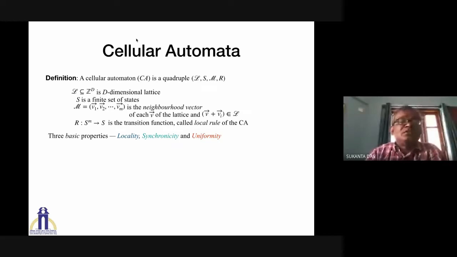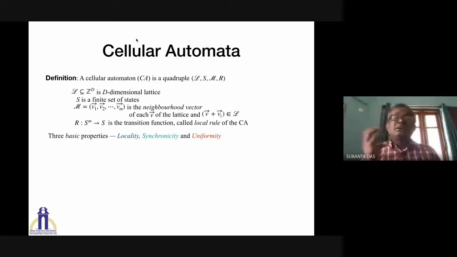See here, the computation by means of R is local computation. The CA as a whole computes, but actually the individual cells compute, and for that computation they use the local rule R.